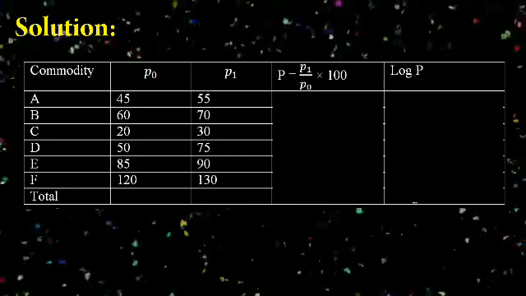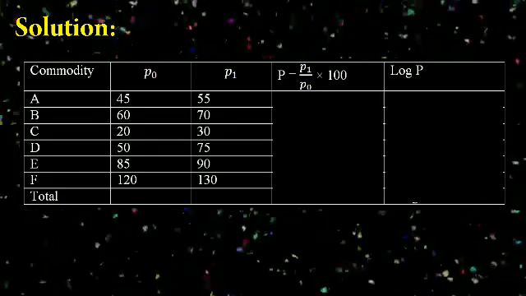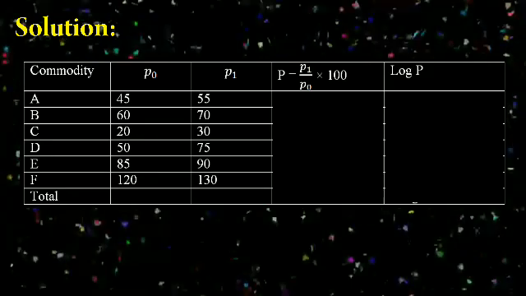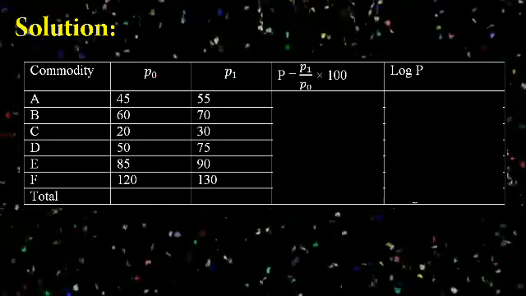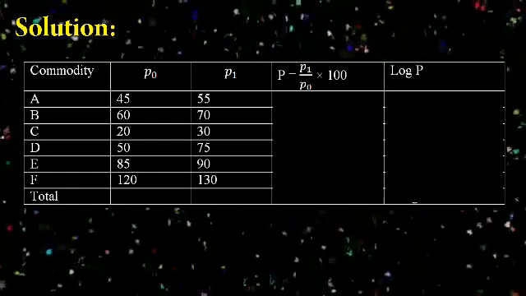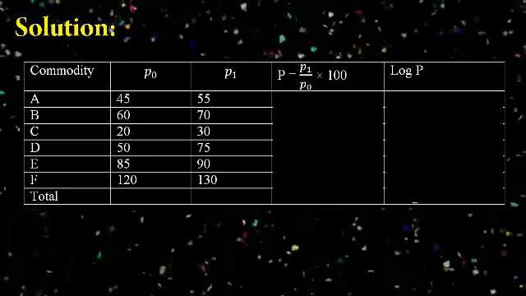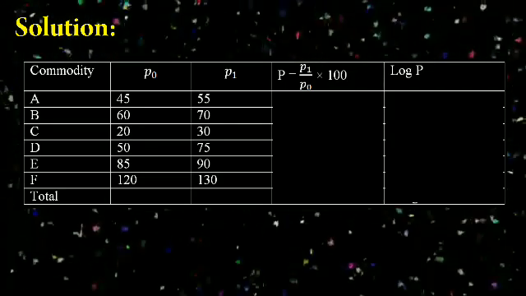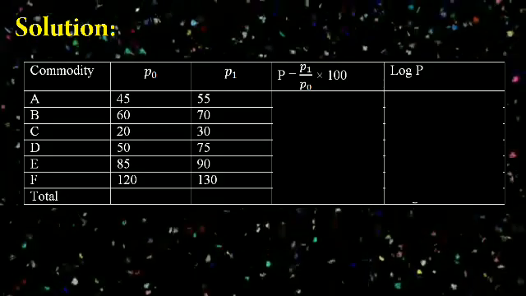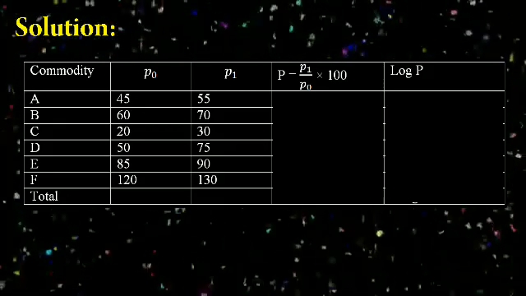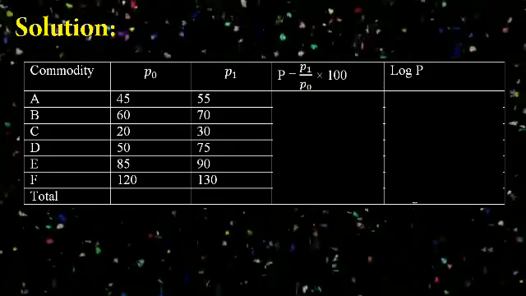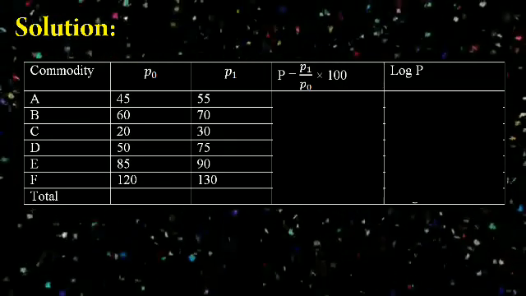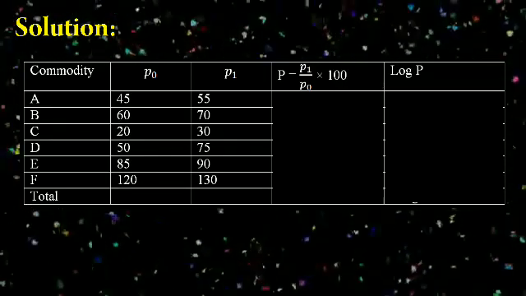Now in order to find AM and GM, the first step is to find the price relative, capital P. How to find the P value? P equal to small p1 divided by small p0, multiplied by 100. So in the next column, write P equal to P1 divided by P0 into 100. Now start computing the values.